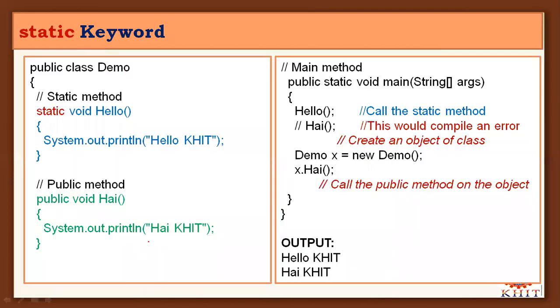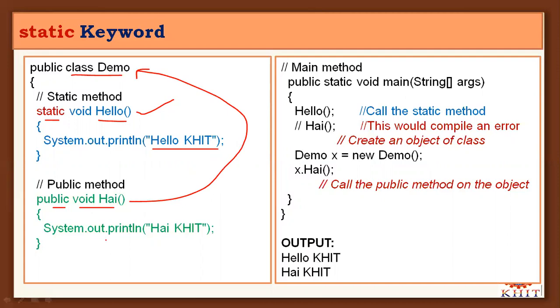Coming to an example to better understand this. I have a public class Demo. I have defined one method hello as a static method, and when it is called, it displays hello khid. And I have another method called hi, defined as a public method, a member of this class.